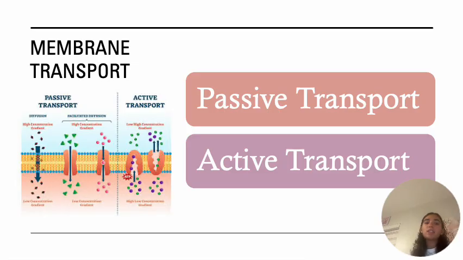This property ensures that the cell takes in essential nutrients, removes waste products, and maintains the proper balance of ions and molecules within the cell. Overall, transport across the membrane is tightly regulated and is fundamental to the cell's survival and function.